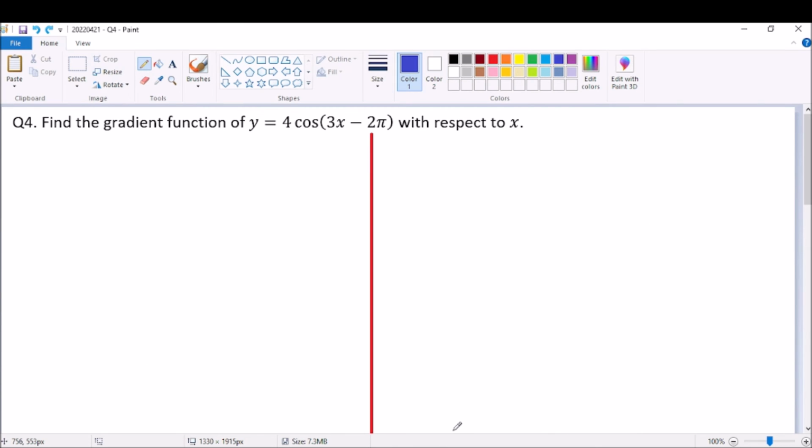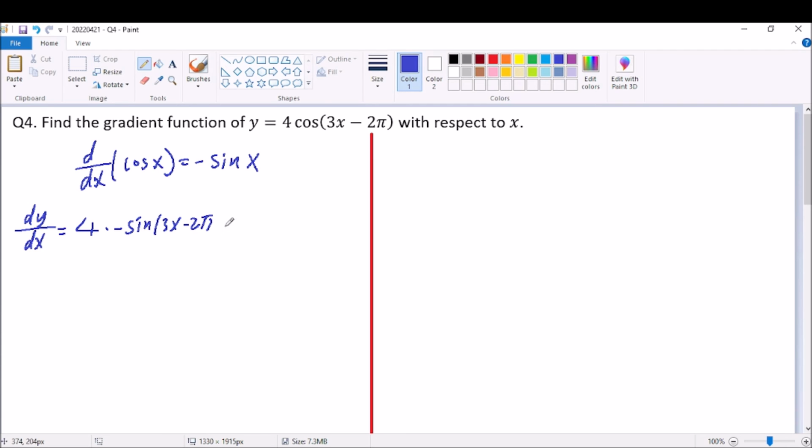Question 4. Find the gradient function of y with respect to x. The formula to use is d over dx of cosine x equals minus sine x. First, we differentiate the function directly. We have dy over dx equals 4 times, differentiate cosine is minus sine (3x minus 2 pi).